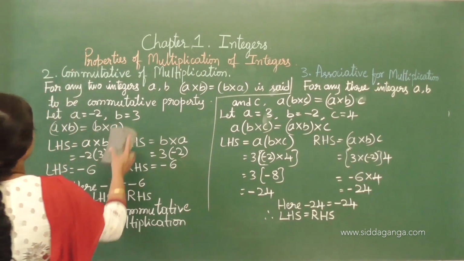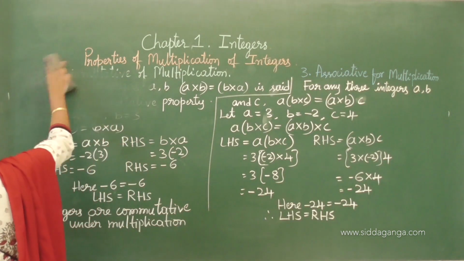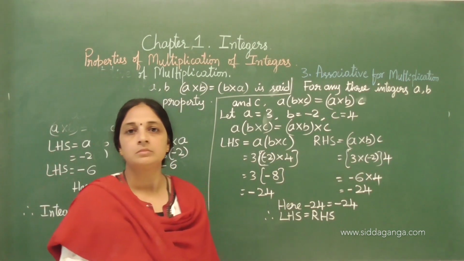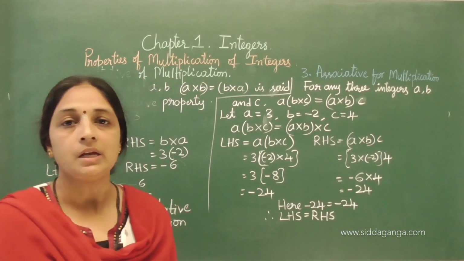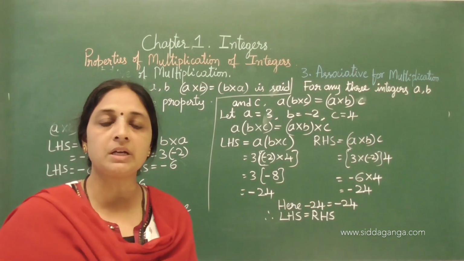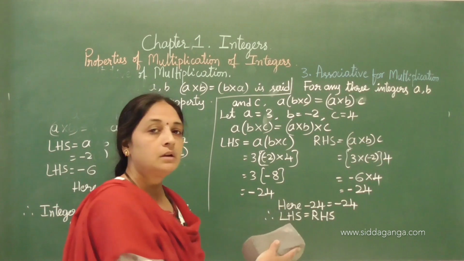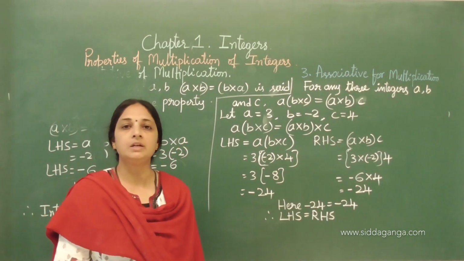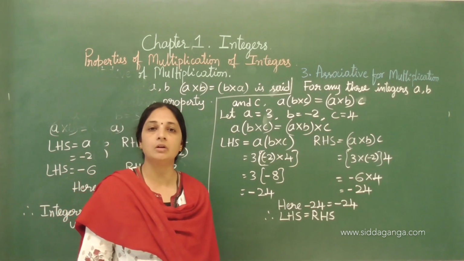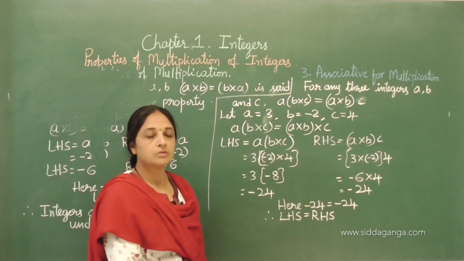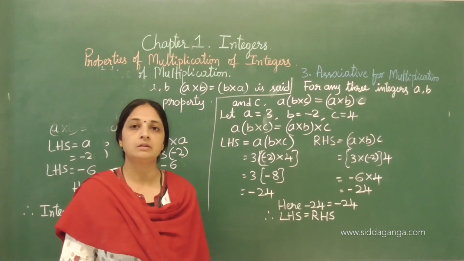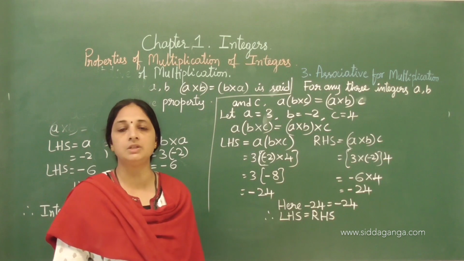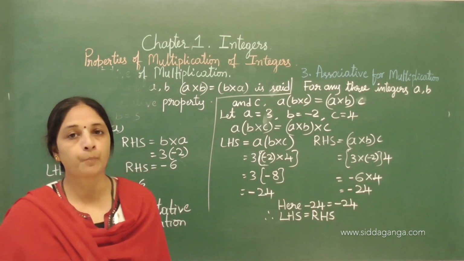Okay. So in this, when we group, it doesn't depend on the grouping of integers, because for addition and multiplication, grouping doesn't matter. When we add, we get the same sum. When we multiply 3 or 4 integers, we get the same product.